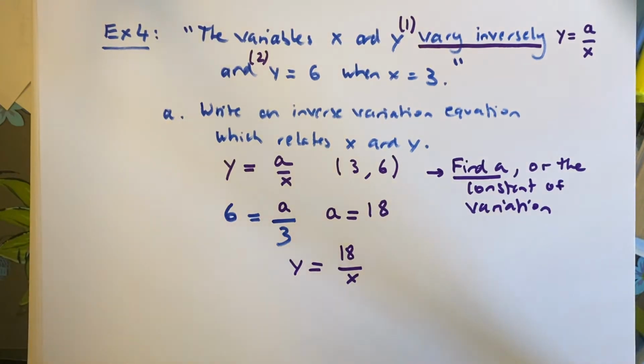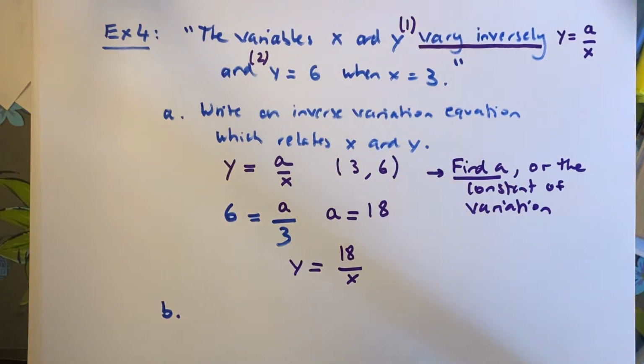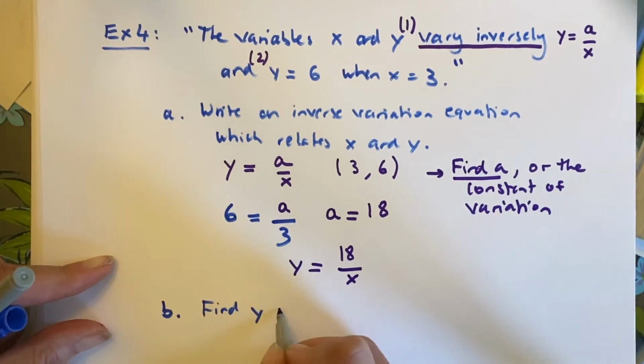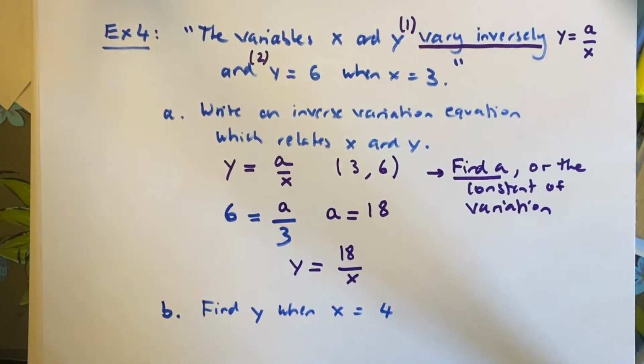Okay, that's part A. Part B says find the value of y when x equals 4. In other words, find y when x equals 4. Well, again, you have done tons of problems just like this, right? When x is 4, what is y? Well, all you need to do is write your equation.